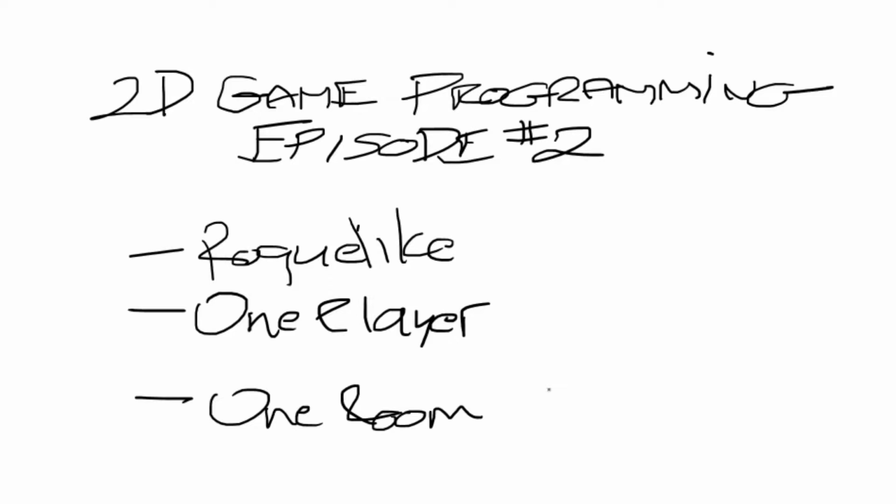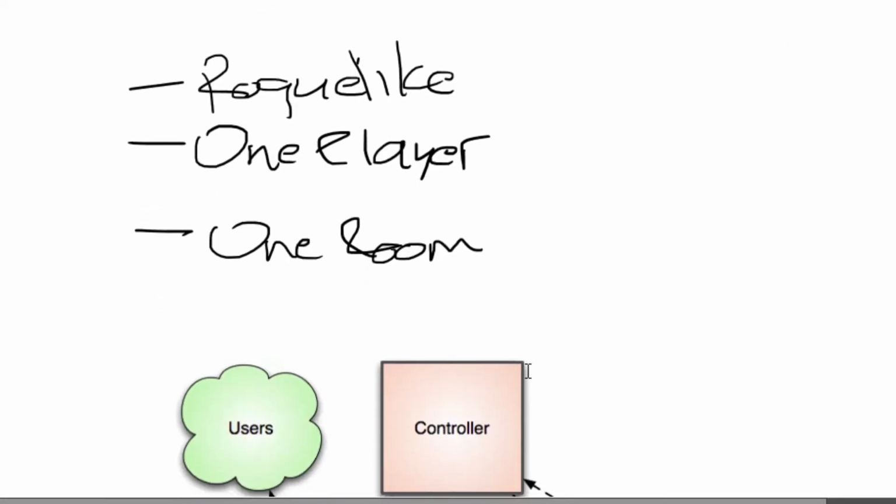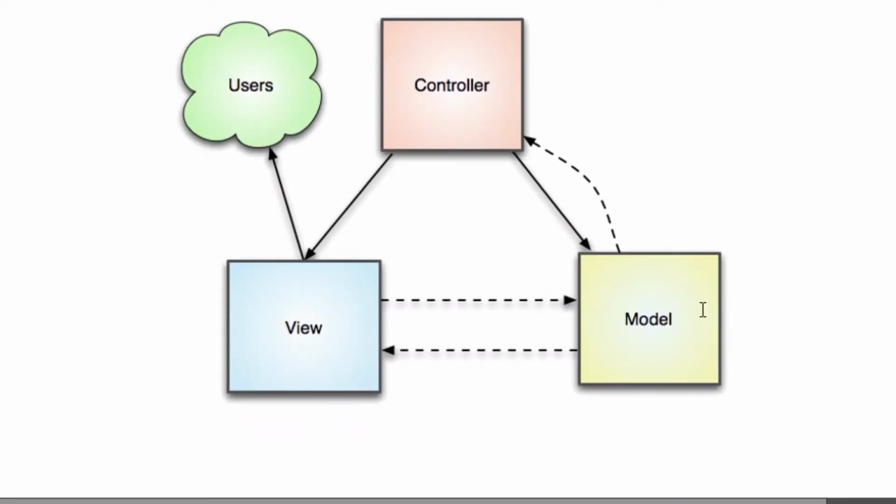So when we come to development, what I envision is an MVC design. We're going to have the model, the view, and the controller. Basically that means a user, your player, will interact with the view, which is the user interface. The controller will control what's on the view, and it will control what's in the data.